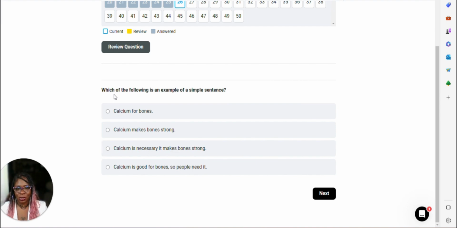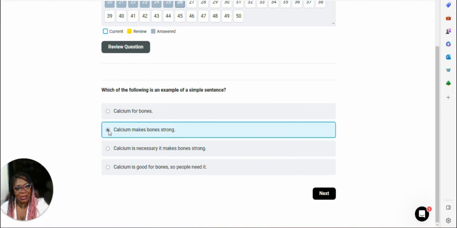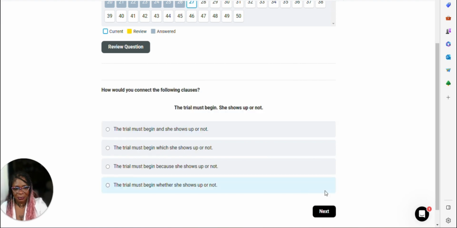The answer for this one is going to be, let's go with this one: calcium makes bones strong. This one is a simple sentence since it contains one independent clause consisting of a simple subject and a predicate, right? So let's move on to question 27.